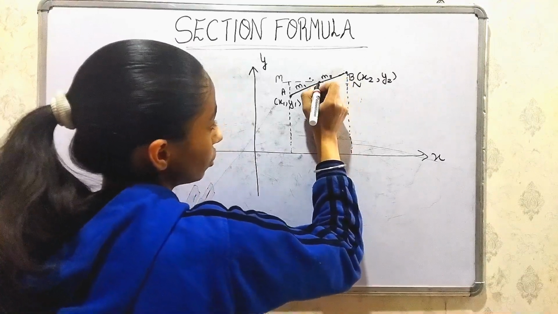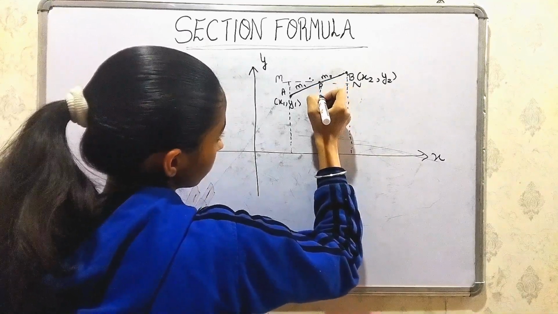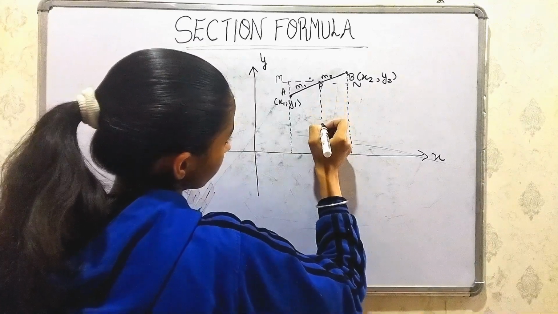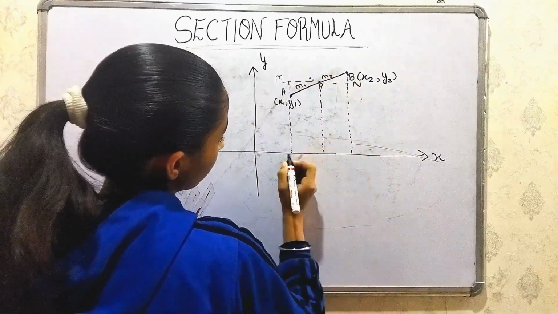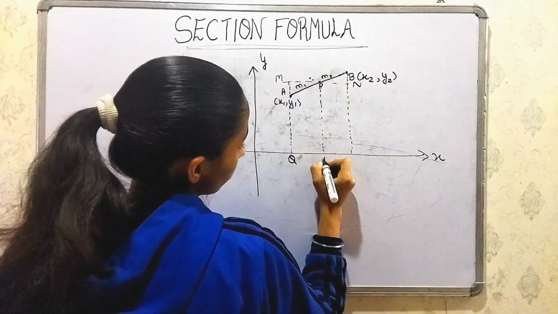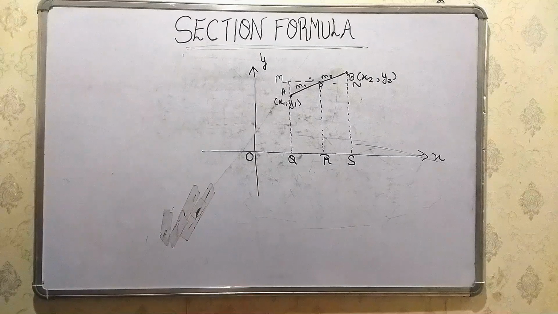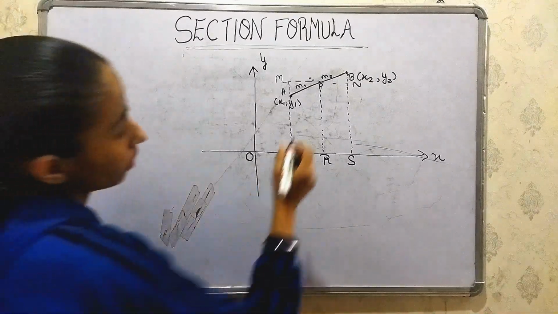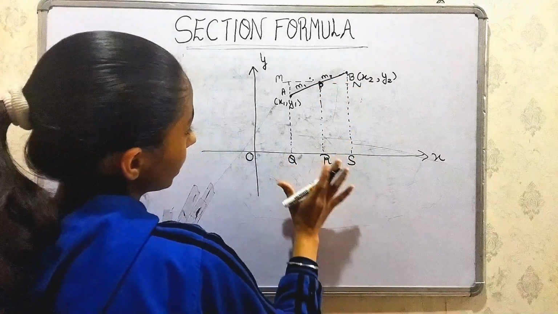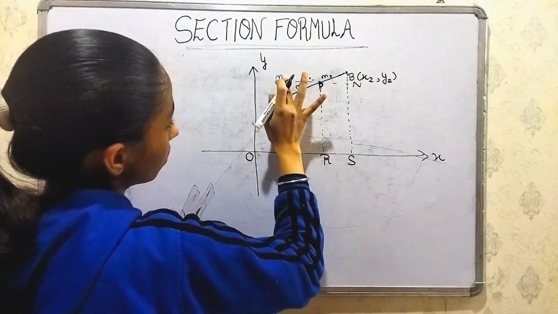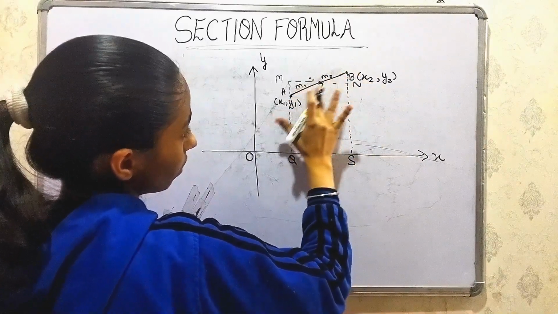Let's say the point at which it is dividing line AB is P. Let's say these are Q, R, S, and this is point O. So now here we can see that line MN is dividing the line AB into M1 is to M2 ratio.